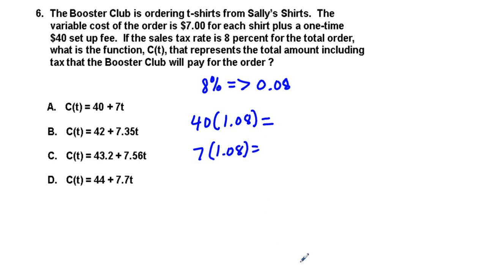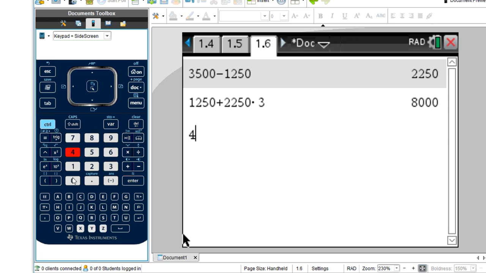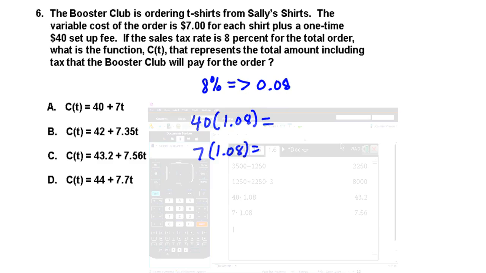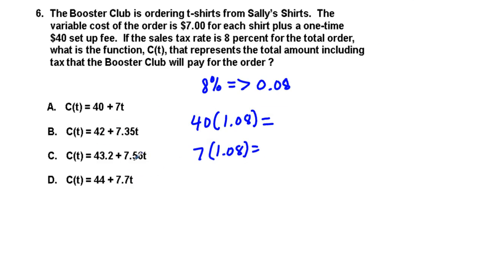So we go to the calculator, 40 times 1.08. We get that. We take 7 times 1.08 and we get 7.56, and it'll be this one right here. So our answer choice is going to be C.